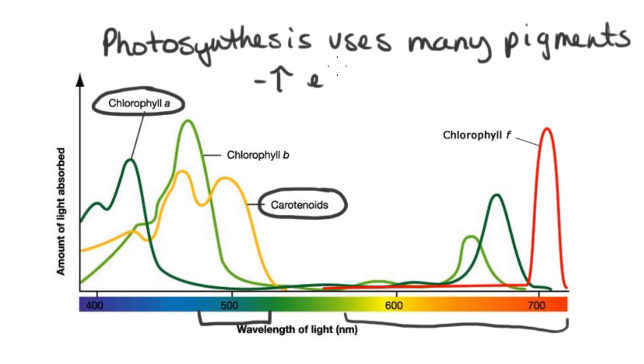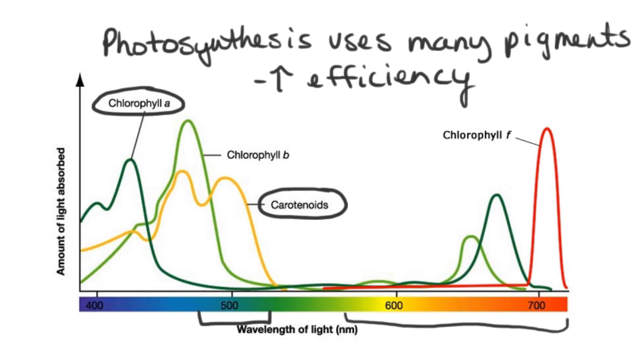Where one pigment might only be able to absorb half of the spectrum here, if we add in another pigment, we've now broadened the colors of light that we're going to be able to use. And if we add additional pigments beyond that, again, we've been able to cover more of the spectrum of visible light. We've got more colors that are going to be usable for photosynthesis.